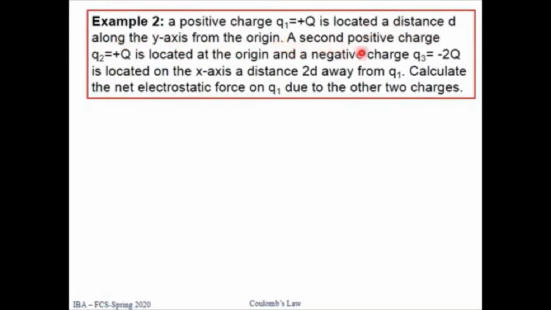A second positive charge, again with a magnitude of plus q, is located at the origin, and a negative charge q3 has a magnitude of minus 2q and is located on the x-axis a distance 2d away from q1.